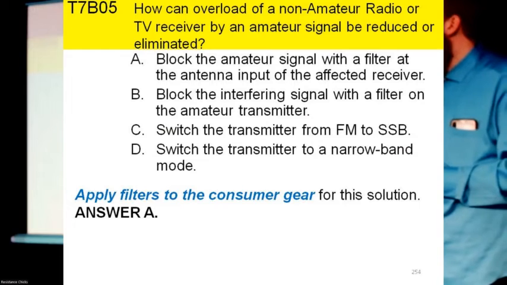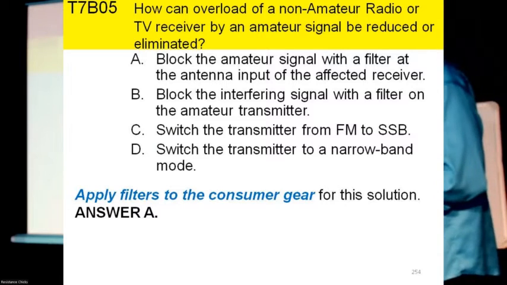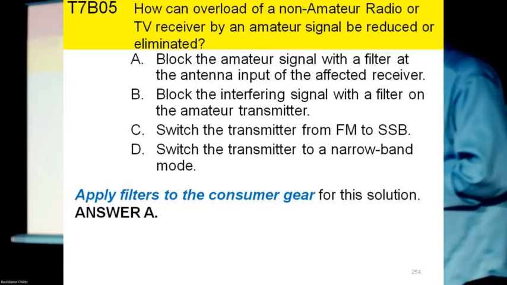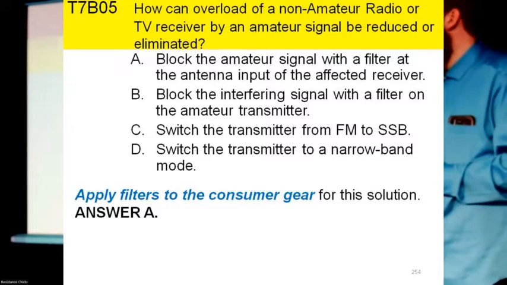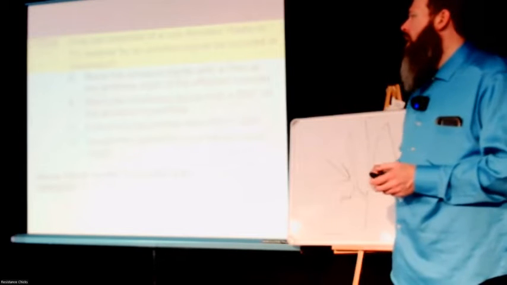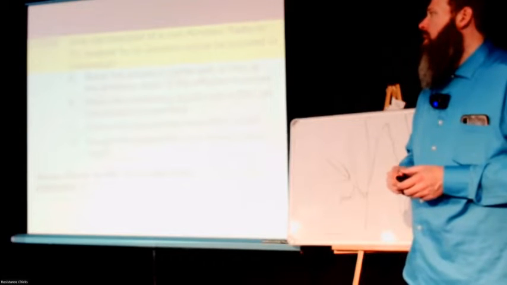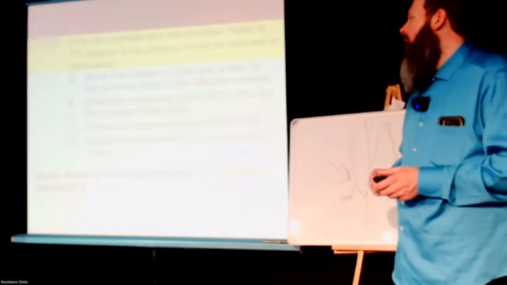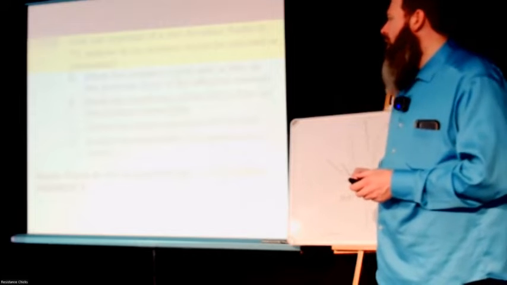How can overload of a non-amateur radio or TV receiver by an amateur signal be reduced or eliminated? The answer is block the amateur signal with a filter at the antenna input of the affected receiver.